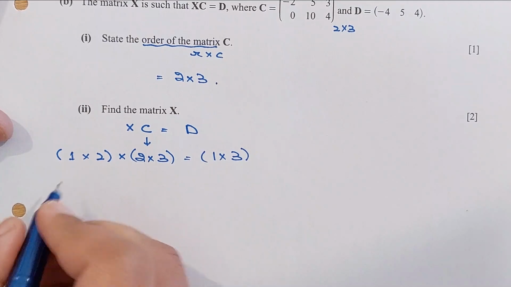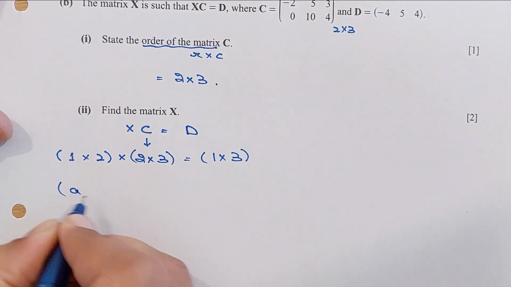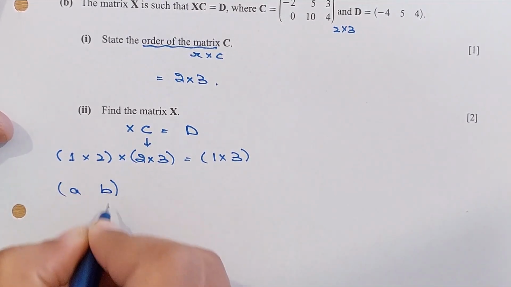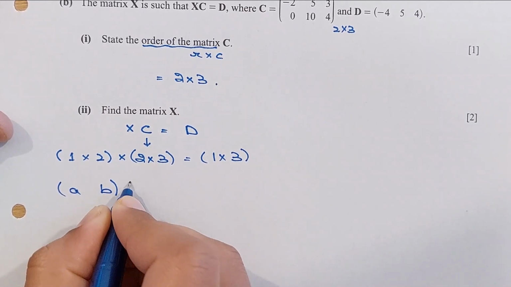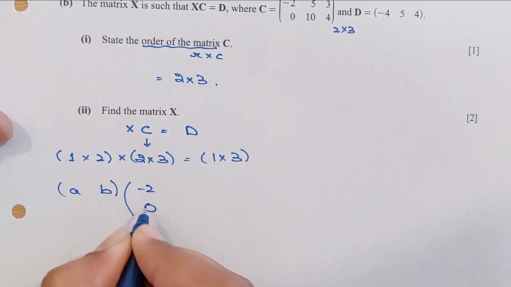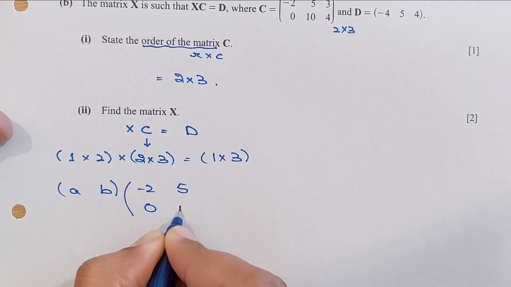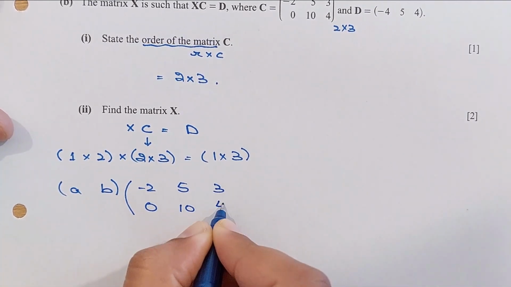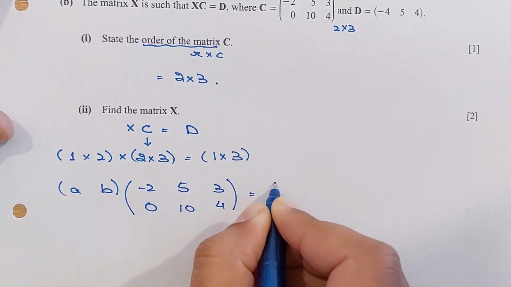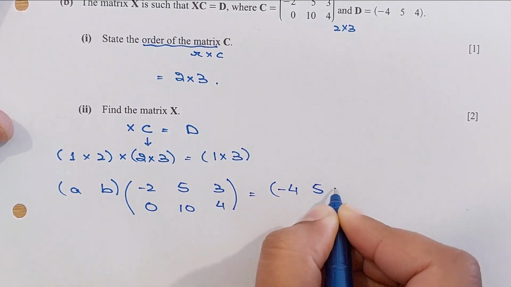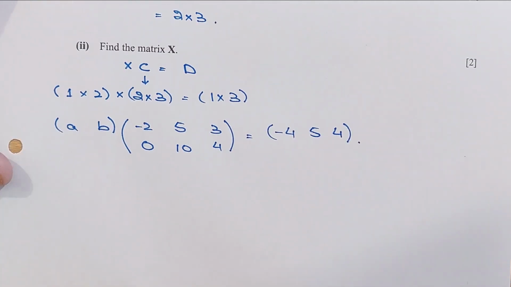We have to solve for X. So if I take A and B, the row is 1 and the columns are 2, times the matrix C, that is minus 2, 0, 5, 10, and 3, 4. This is equal to the matrix minus 4, 5, and 4, right? Let me do the product.